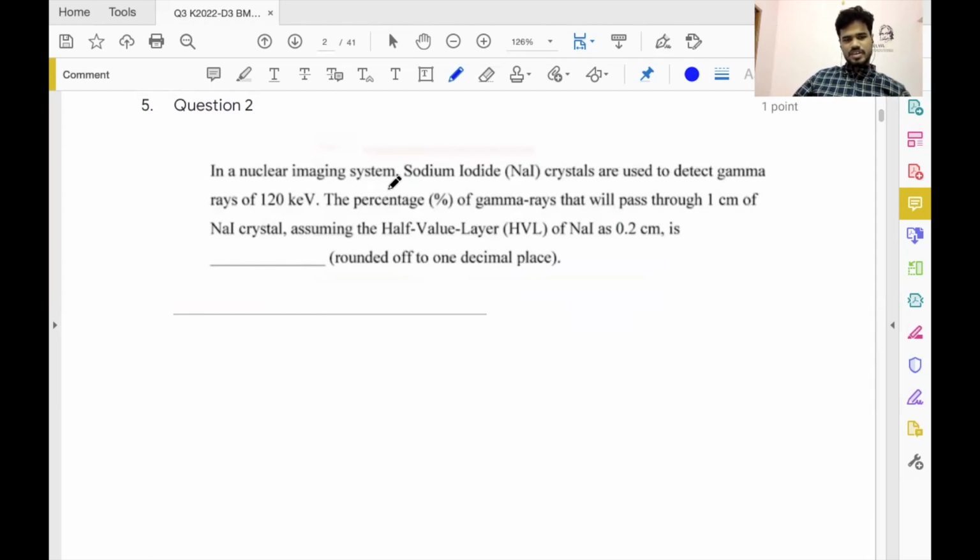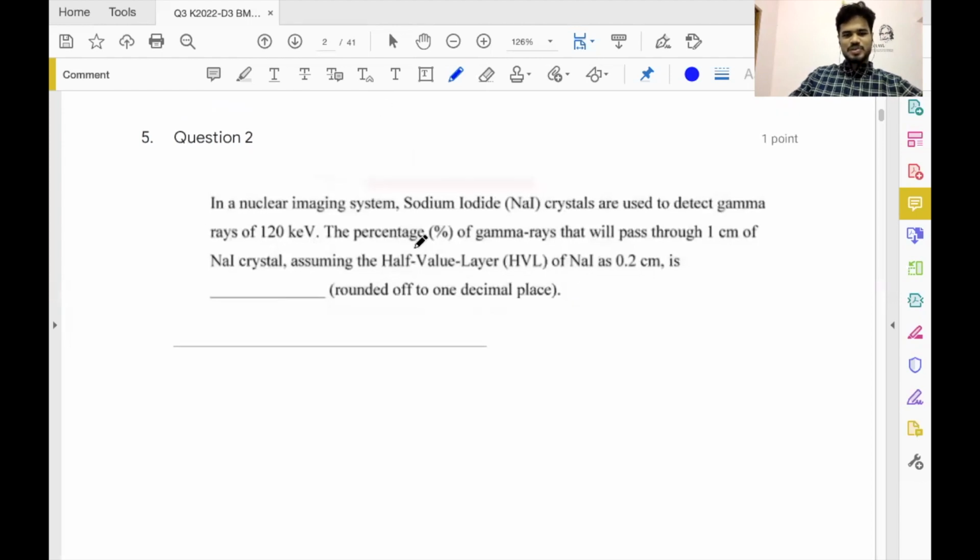Nuclear medical imaging. Crystals are used to detect gamma rays. What percentage of gamma rays will pass through 1 centimeter of crystal, given the half value layer? By now, we should be able to do these questions even if someone wakes us from sleep. So 1 centimeter is roughly 1 by 0.2, which is 5 HVLs.